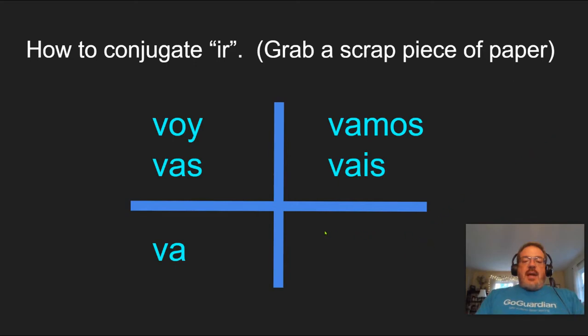And the last one, ellos, ellas, ustedes, they, or ustedes go is van. Okay, so now you have the conjugations of the verb ir. Voy, vas, va, vamos, vais, van means I go, you go, he goes, she goes, usted goes, we go, y'all go, and they go. Okay?